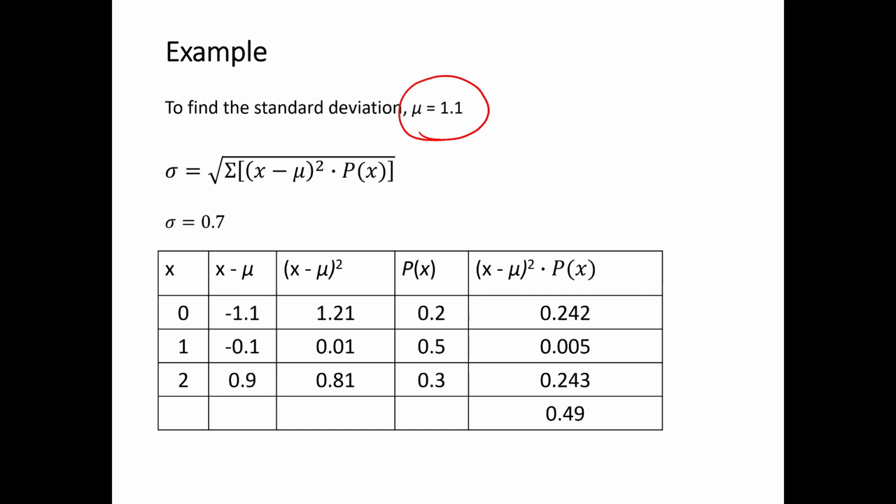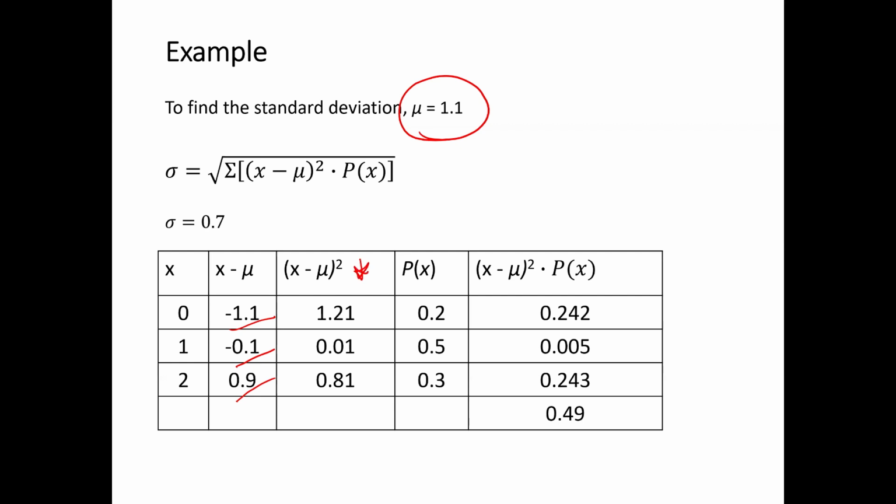So I go into my distribution and I take the value of each of my random variables and I subtract mu from that. So I take 0 and I subtract 1.1. I take 1 and I subtract 1.1. I take 2 and I subtract 1.1. Then I take that value and I square it. That's the next column in the table.